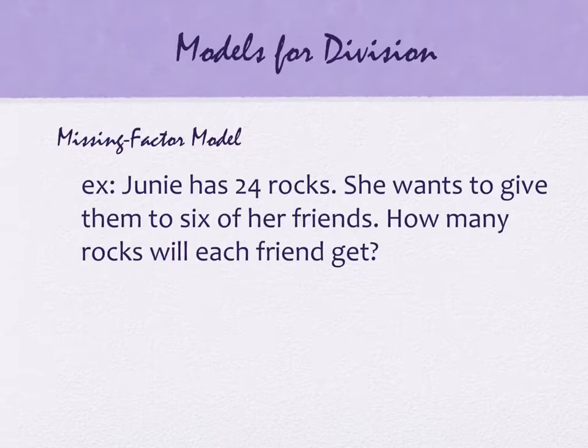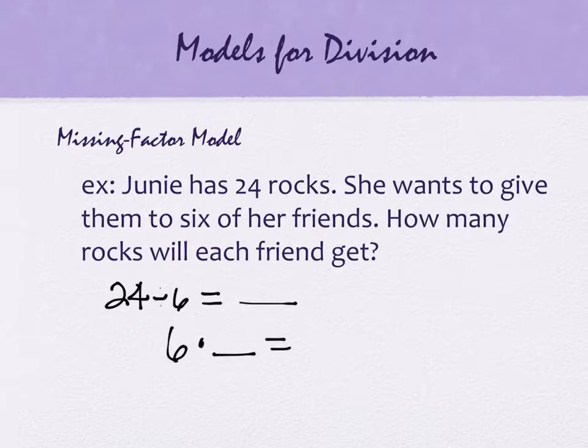So I mentioned early on in our definition of division the idea that what I want to do is 24 divided by 6 and get an answer, right? This is my goal, is that I could switch this around and make it a multiplication problem instead. I could ask myself 6 times what is equal to 24? In other words, what is the missing factor here that makes this work?